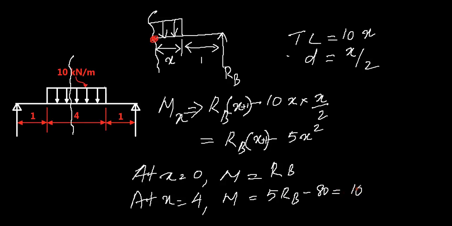So that will be 100 minus 80, that is 20 kilonewton meter, and this too is 20 kilonewton meter. So that is the moment at this point, that is point 2 and point 3. So you have point 2 and 3 here.